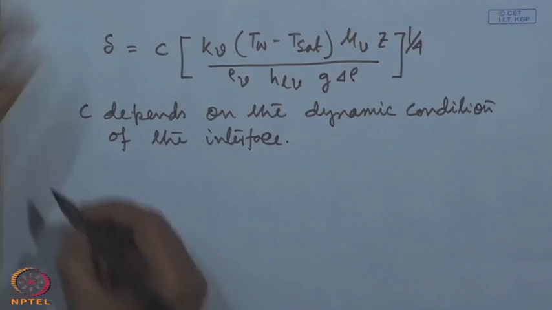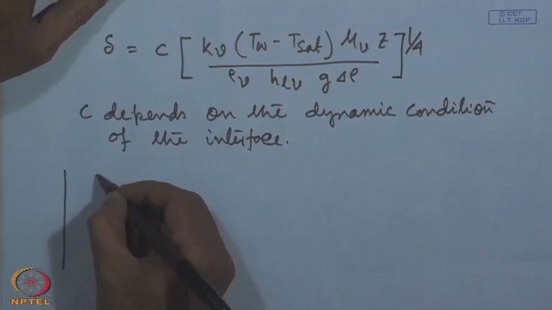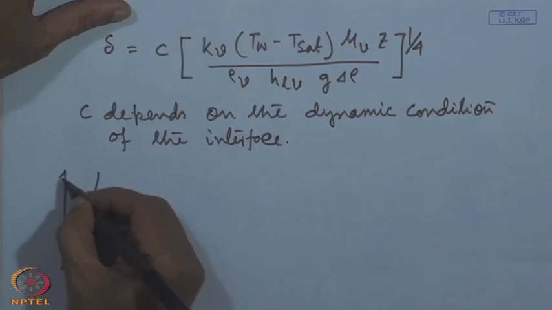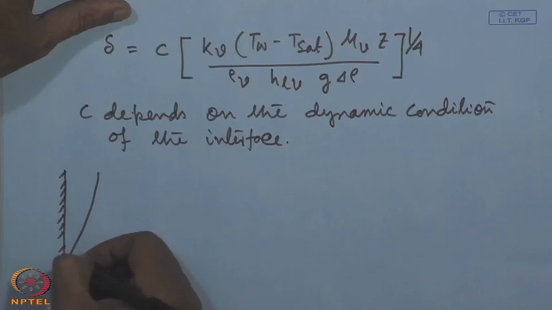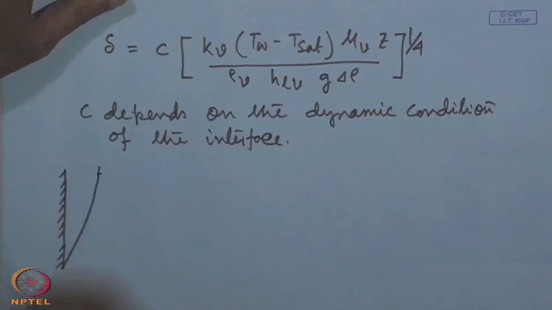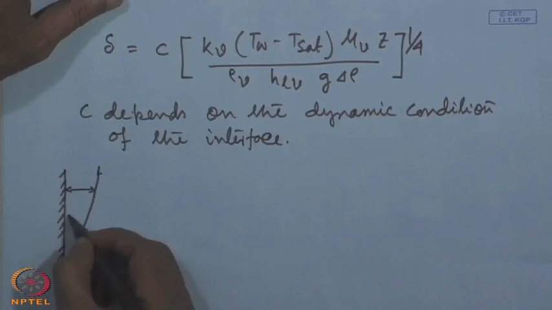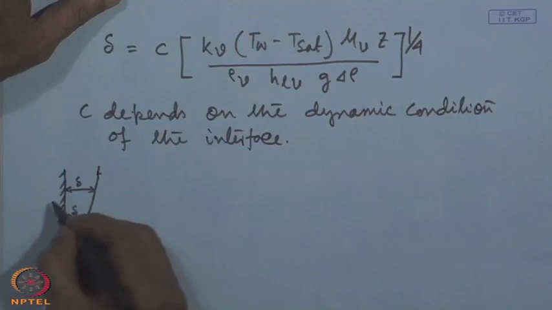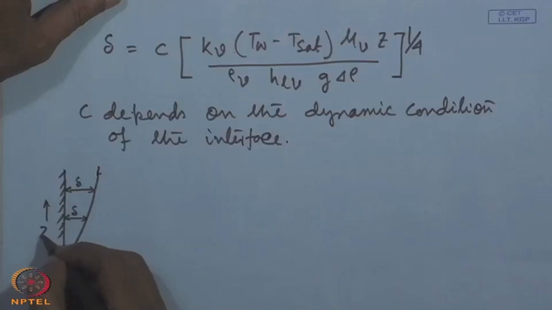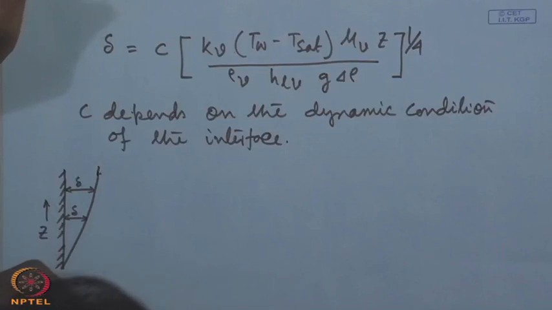As we have already shown in the schematic of film boiling over a vertical surface, delta is changing with z, and that is what we have got from this relationship. So, it is not a linear relationship, it is a non-linear relationship, based on simplified assumptions.